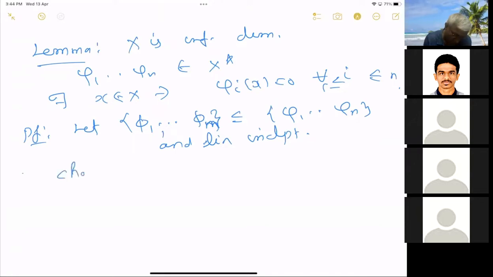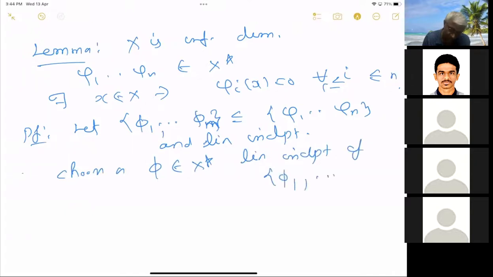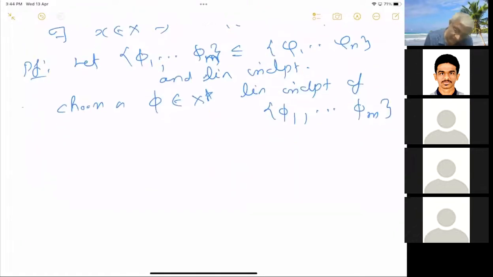Now choose a phi in X star which is linearly independent of these, which is possible because X star is infinite dimensional. Initially I had some n linear functionals; I've chosen a linearly independent subset of that, and then I add one more to it.